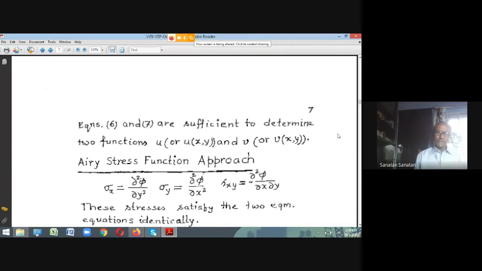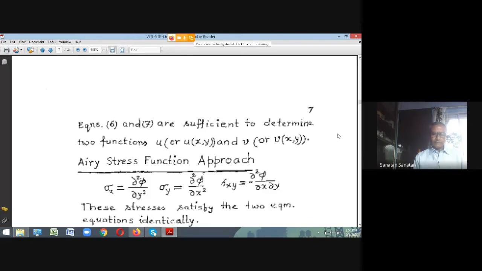Now, these stresses satisfy the two equilibrium equations. We have to determine the three stress functions. You know that one English mathematician, Airy, looked into these equations and found that if we define the stresses in terms of a single function in the following form, this function is called the Airy stress function.